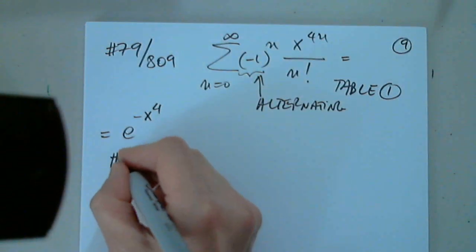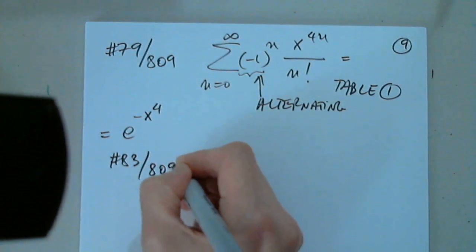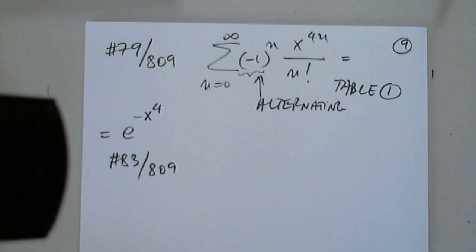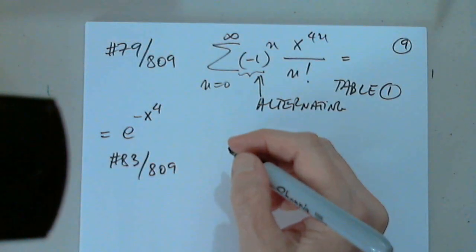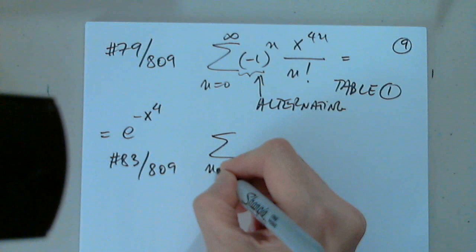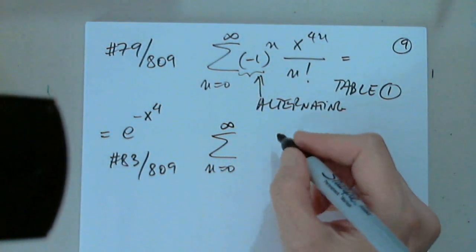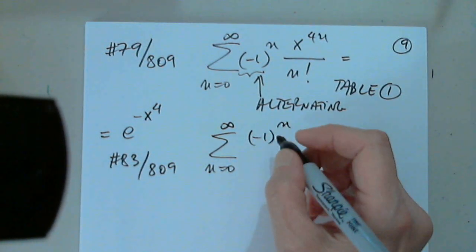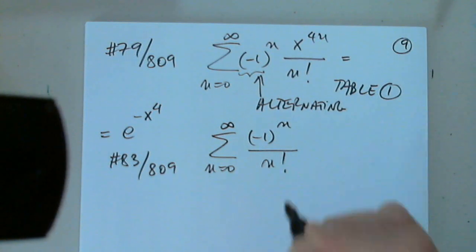Let's look at 83, same page, 809. In 83, they're asking us to find the sum of the series. So it is the sum from n equals 0 to infinity, of negative 1 to the nth power over n factorial.